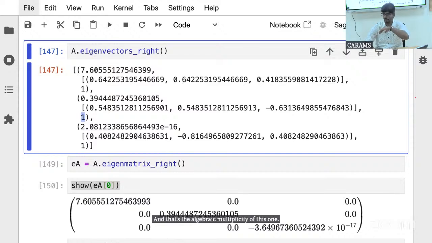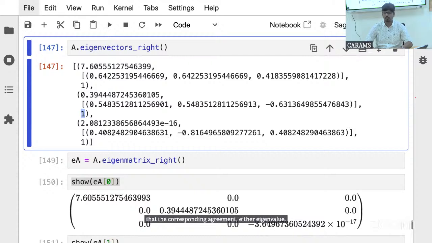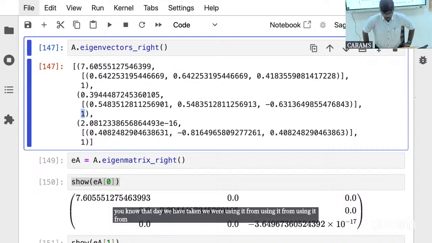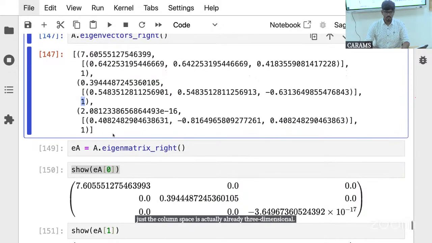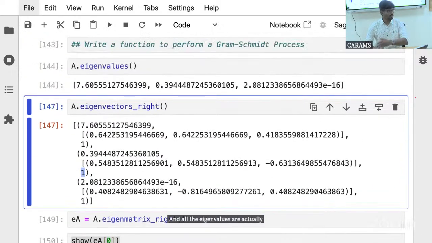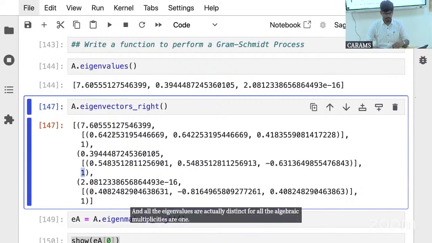That the corresponding eigenvector, the eigenvalue. You know that the A we have taken, we were using it from the starting. That's invertible, so obviously all the, no, yeah, it's invertible. That's all. Just the column space is actually already 3 dimension, and all the eigenvalues are actually distinct for all the algebraic multiplicities are 1 automatically.